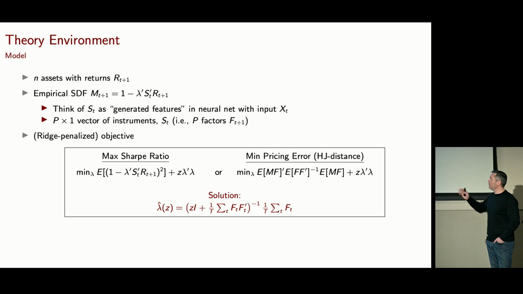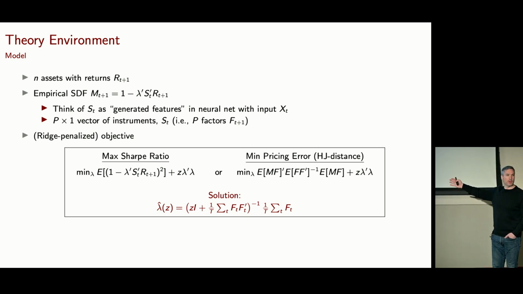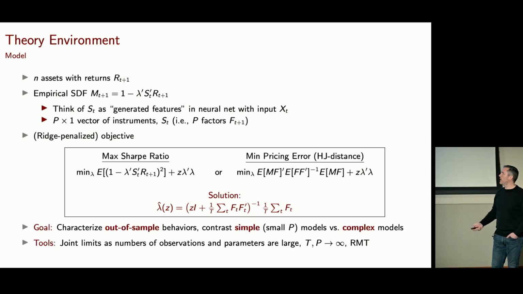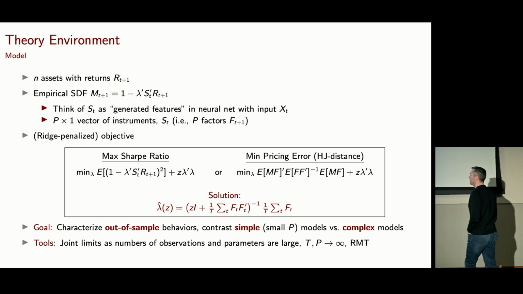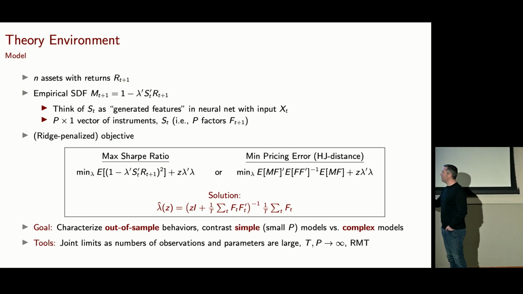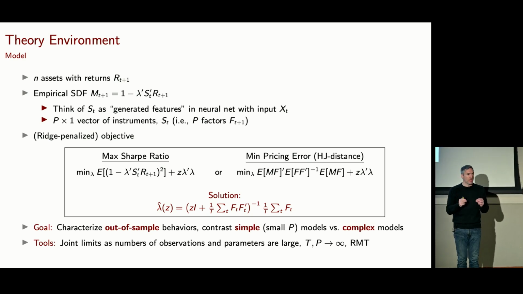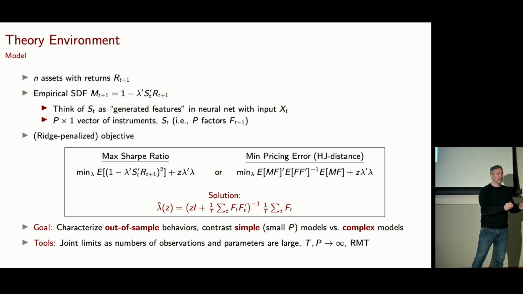All right. So what I'm going to do is work off of this environment, and I'm going to show you some theoretical results. I'm just going to show you pictures that describe the theoretical results for how this estimator behaves when we go out of sample. Now, what I'm particularly interested in is characterizing out-of-sample behaviors. They're theoretical, expected out-of-sample behaviors.